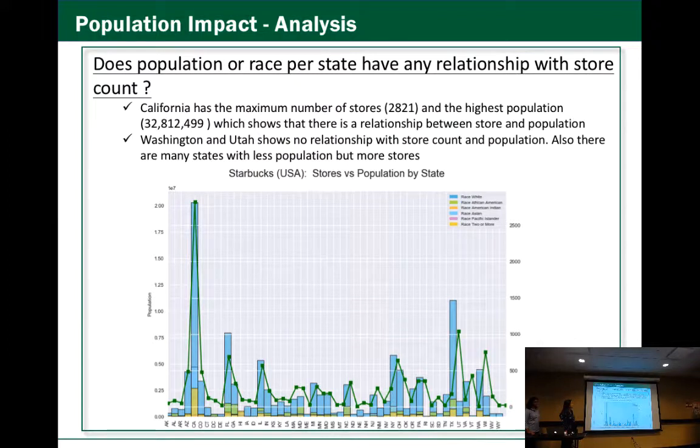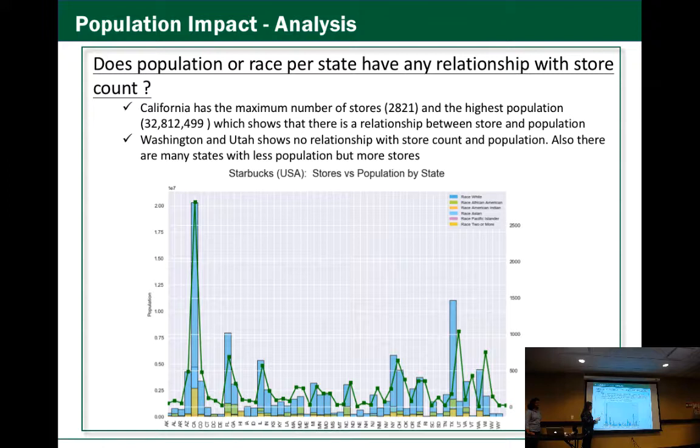So the first factor that we looked at was population. We looked at California, which has the maximum number of stores and the highest population, which showed a direct relationship between the stores and the population.